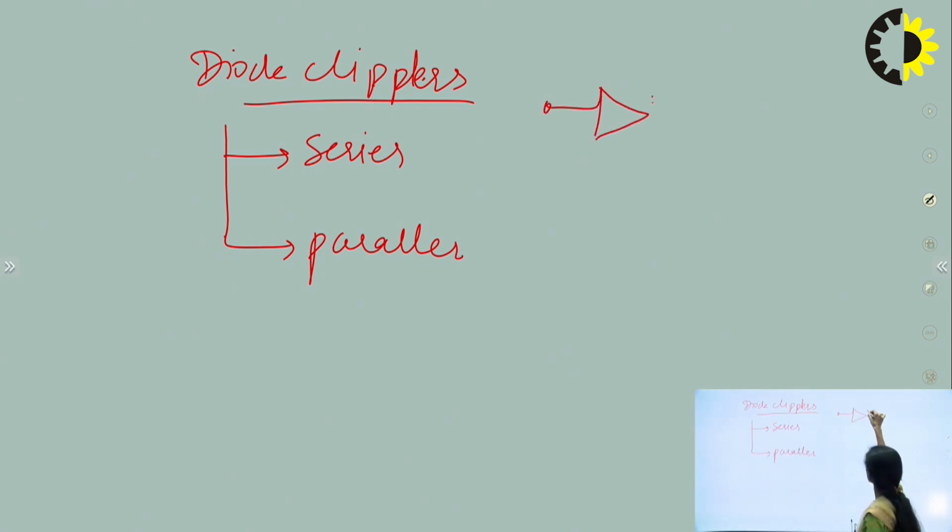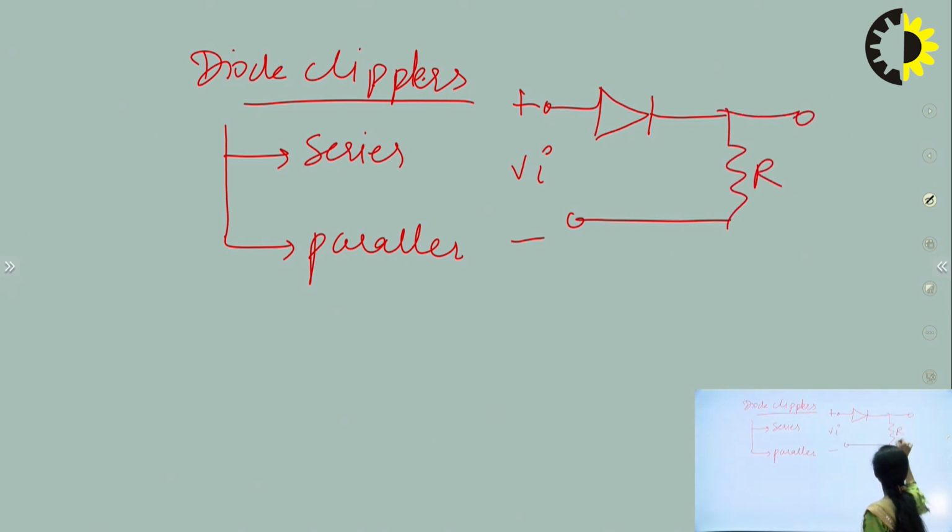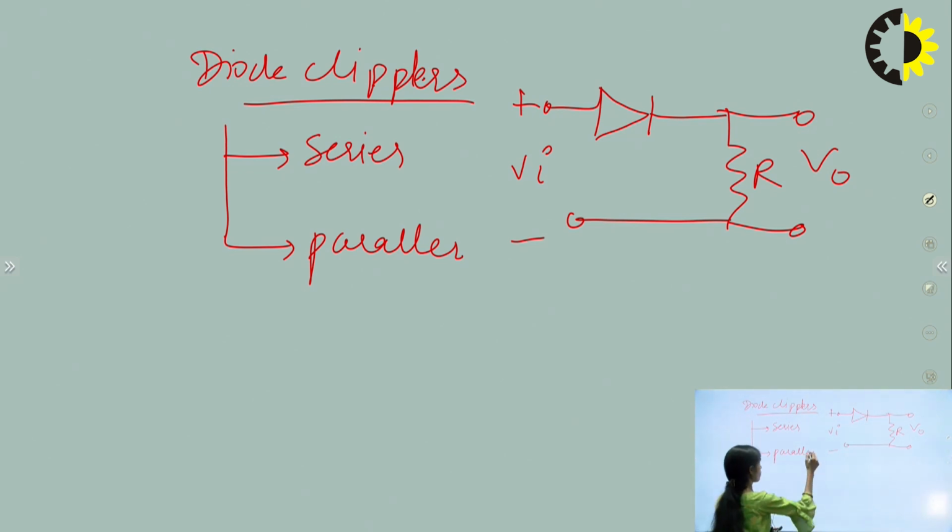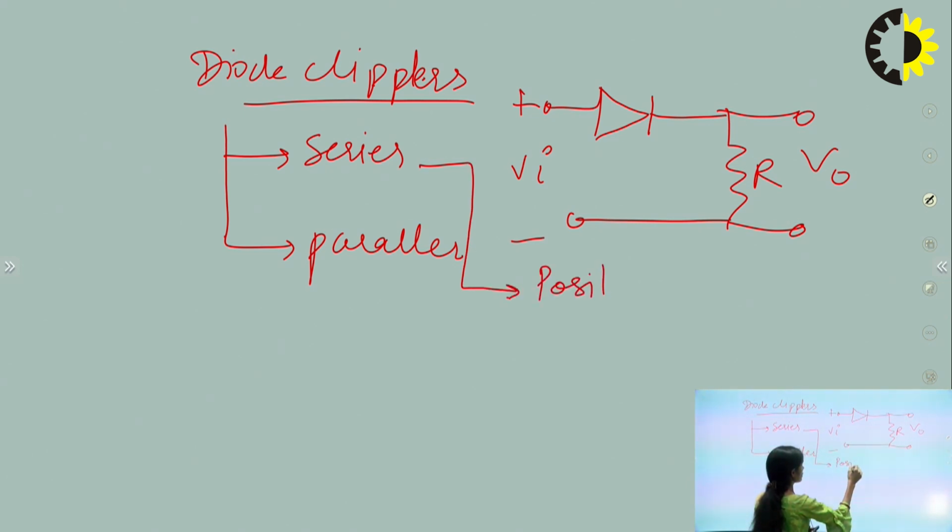We have the diode connected with the input in series, and the output is taken across the resistor. In this we can clip the signal either from the positive side or from the negative side. This series clipper can be called a positive clipper, and we can also have a negative clipper.